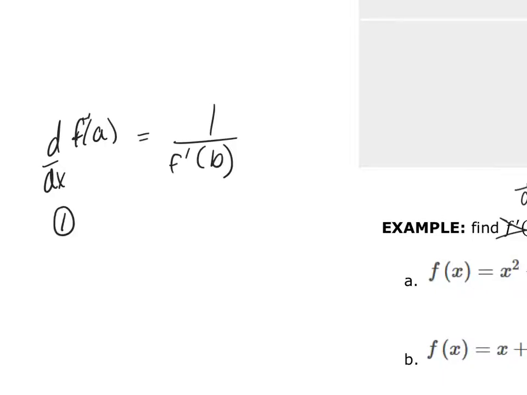The first thing I do is figure out what B is. So I set my function equal to what A was and solve. I have to find out what input gave me A out first.